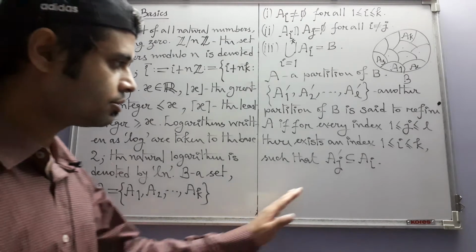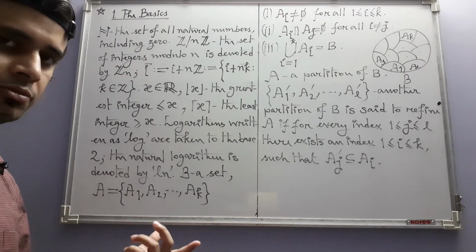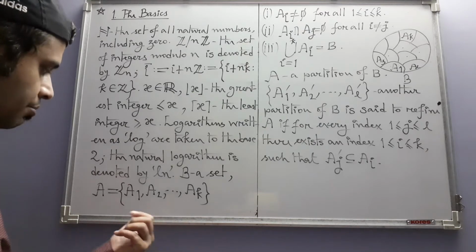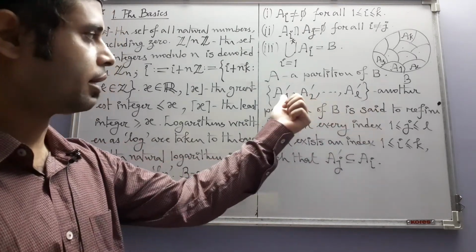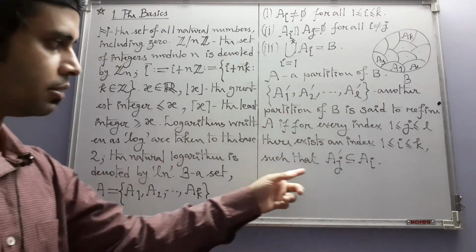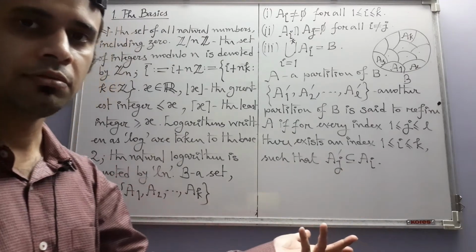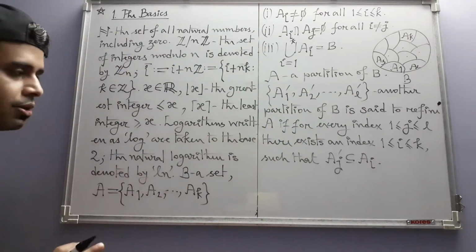Note that according to this definition, every partition refines itself in a trivial way, because you can take L equal to K here and Ai prime equal to Ai, then the containment is trivial. So that possibility is also there.